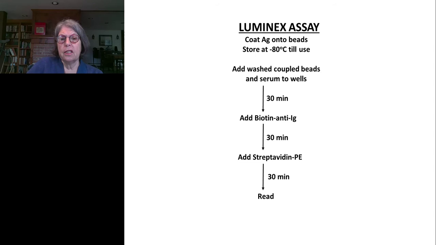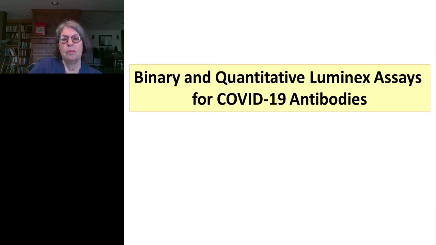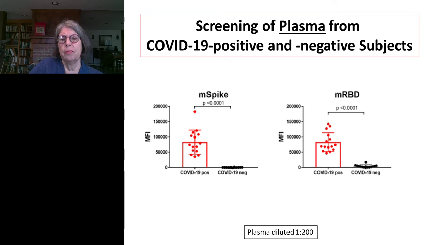So the assay that I'm going to show you is both a qualitative or binary assay and a quantitative assay. And I'm going to show you some of the data that we have generated now. So this is a dot plot of the screening of plasma from COVID positive and negative subjects. On the left, we're showing the results with the beads that are coated with the spike protein. M just stands for the fact that it was expressed in mammalian cells.